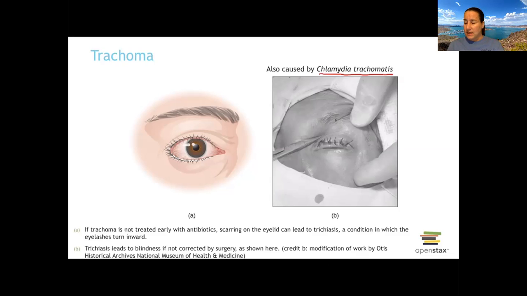It can cause the eyelids to swell and then they will eventually curl in. And that is not good. We need that to be treated before the eyelashes curl in, because obviously eyelashes curling in onto your eyeballs would be super painful and cause scarring of the cornea. We don't want that to happen. We need to take care of it because it could lead to blindness if surgery doesn't happen.